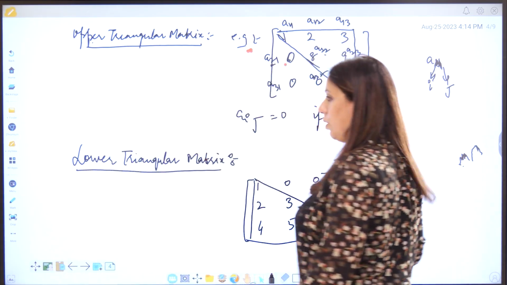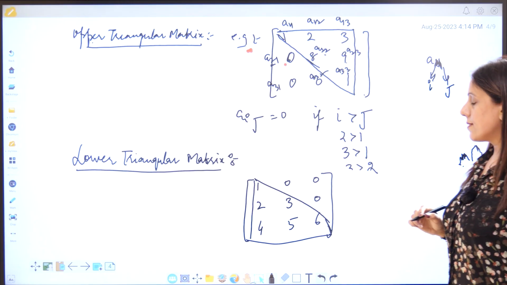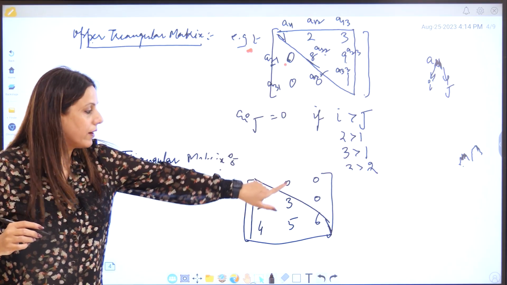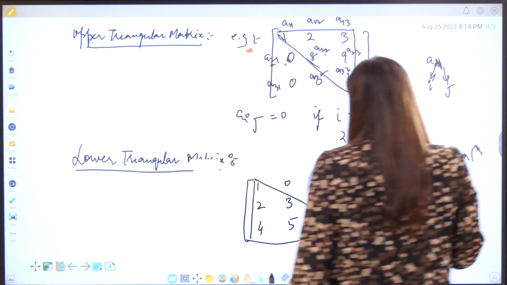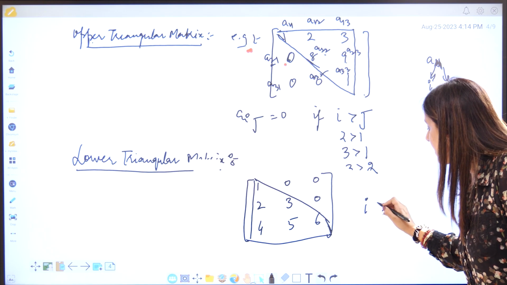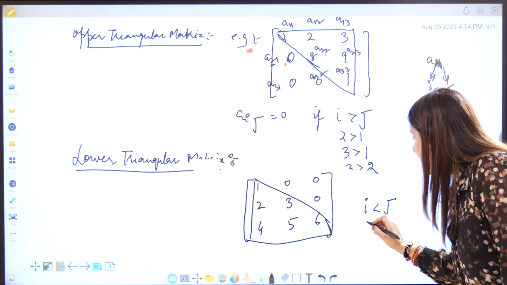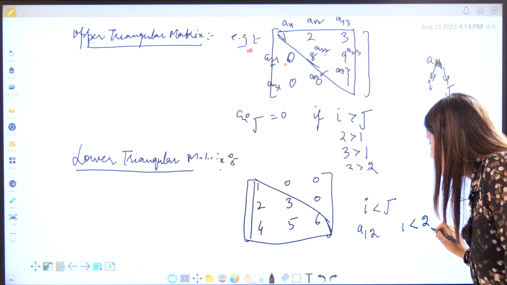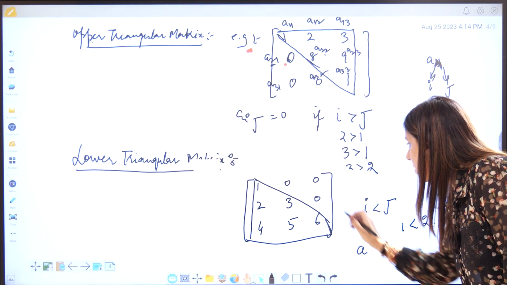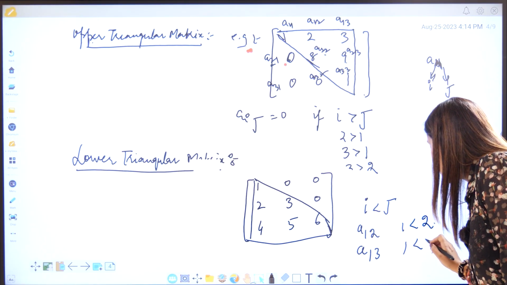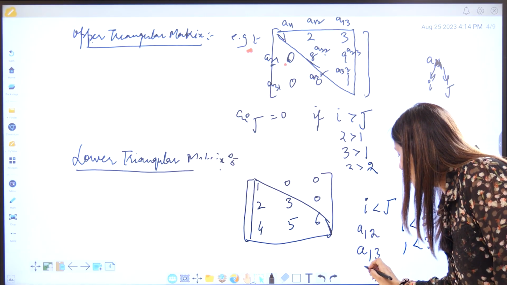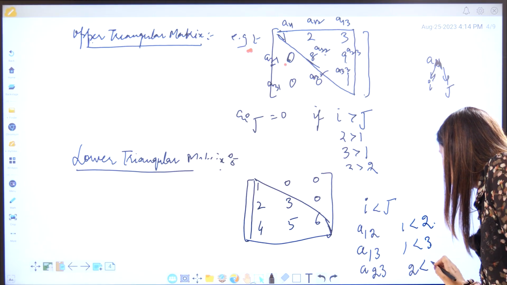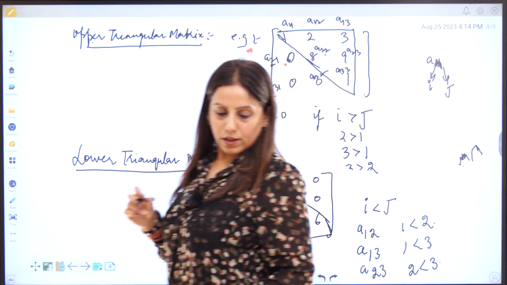If I talk about the lower triangular matrix, I can say that all the elements above the diagonal elements should be 0. Or in other words, I can say that i is less than j. For example, here A12, that is 1 is less than 2. Next is A13, 1 is less than 3. Similarly, A23, that is 2 is less than 3. Right?